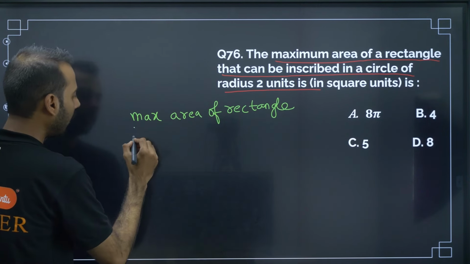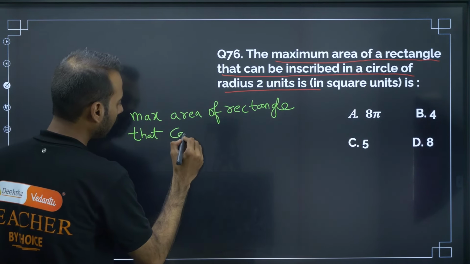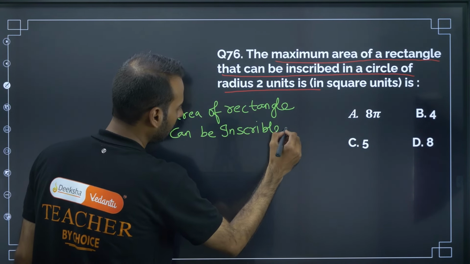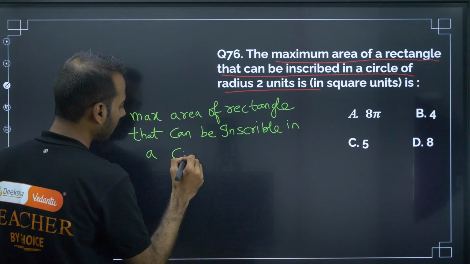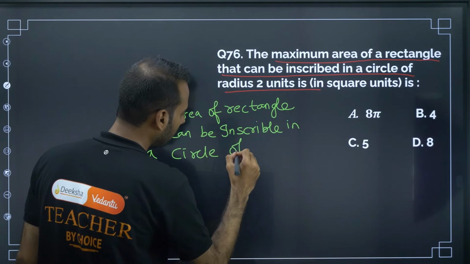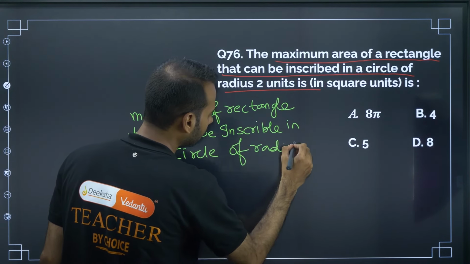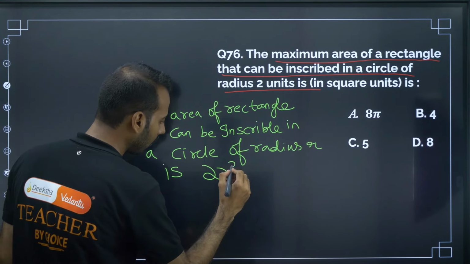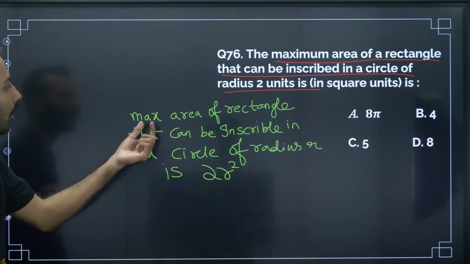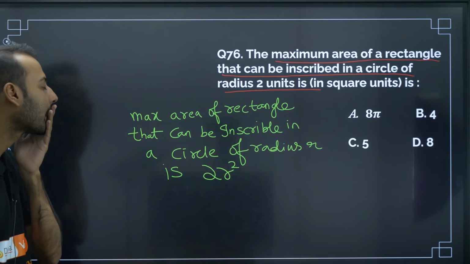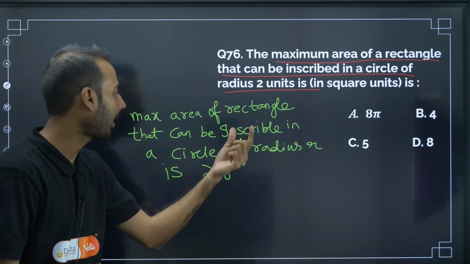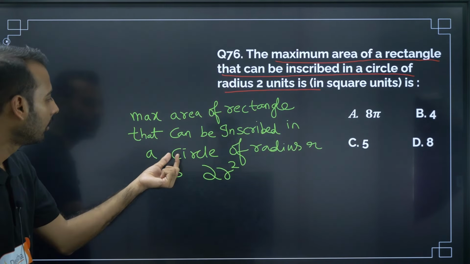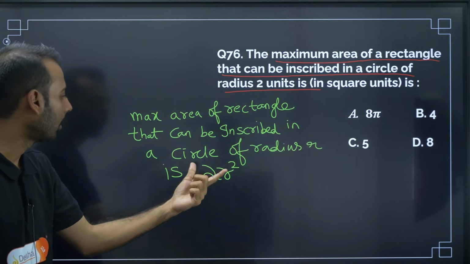Maximum area of rectangle that can be inscribed in a circle of radius r is 2r square.